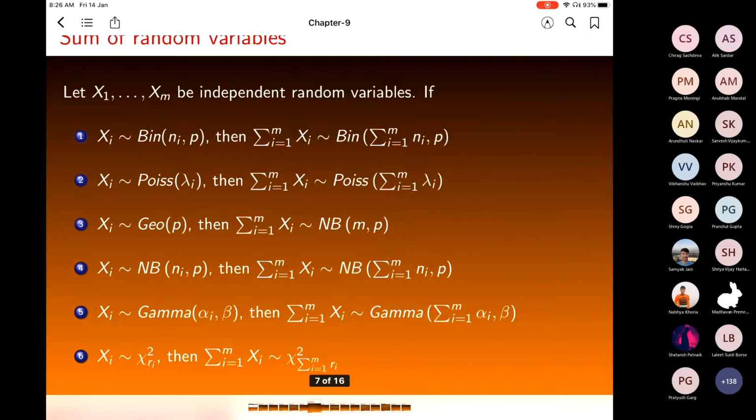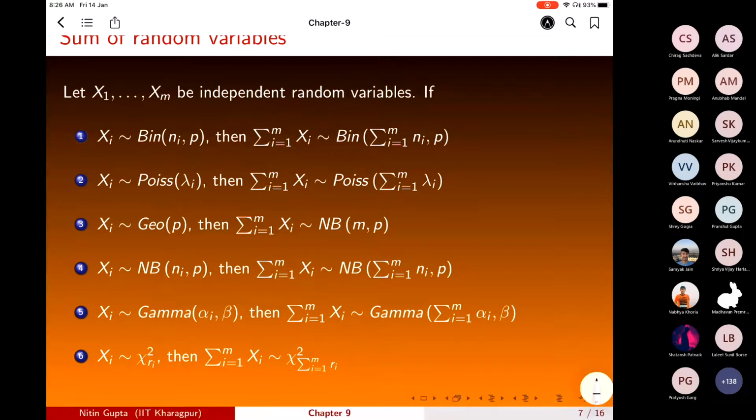Now, using this concept, we can give some of the proofs. For example, if x1, x2, ..., xm are independent random variables, and if xi's are binomial (ni, p), then their summation is binomial (summation of ni, i from 1 to m, p). So let me give the proof of the first one.